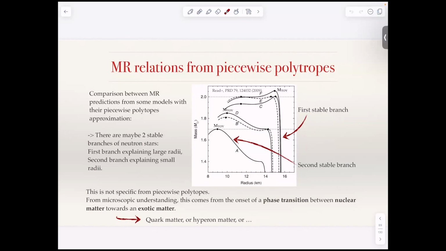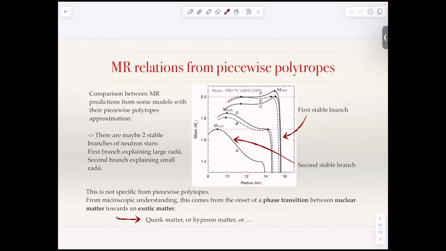So your question is, you have to think that only the stable branches are physical, because the unstable ones just mean that your system collapses. Suppose I take this stable branch here and another stable branch here, and you see clearly that for a given mass you have two radii. But then you have to think about how you produce these stars.